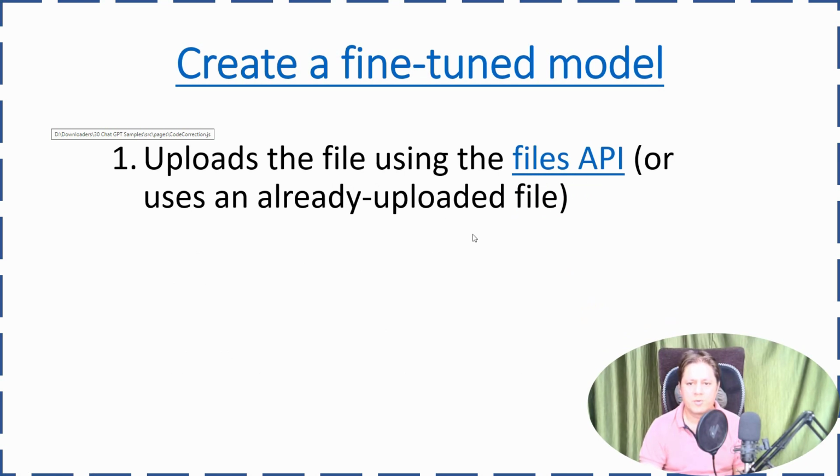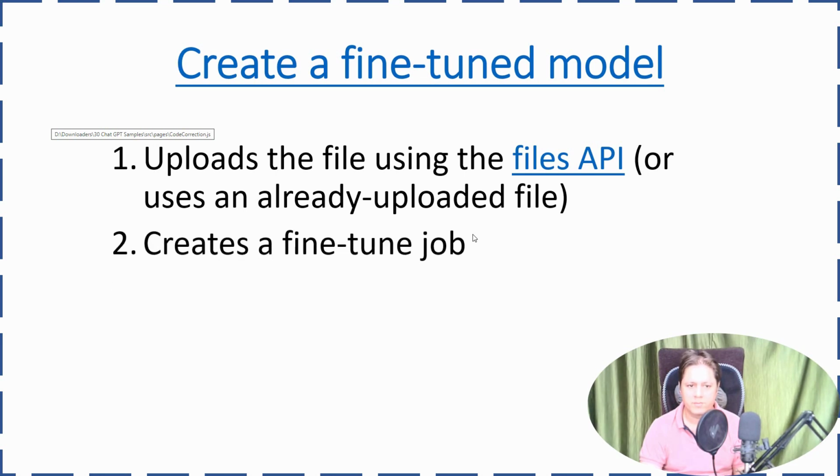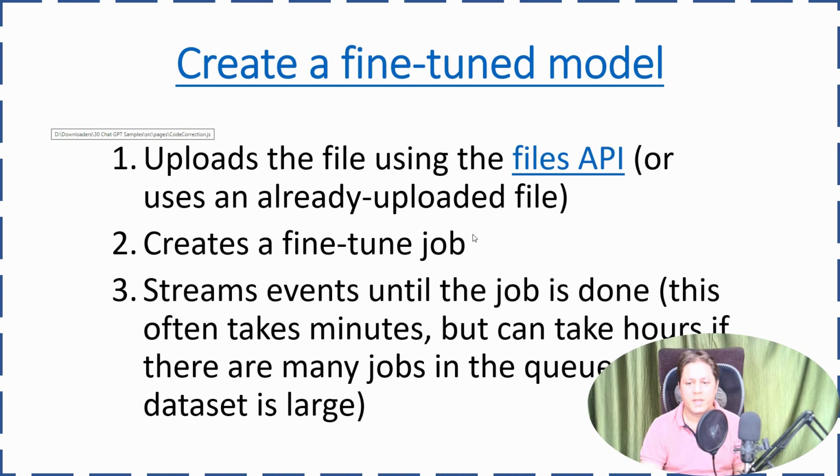You can upload the file using the Files API, or an already uploaded file can be used. Actually it will create a fine-tune job. As soon as you send a request to the fine-tuning create method, it will create a fine-tune job, and it will stream until the job is done.